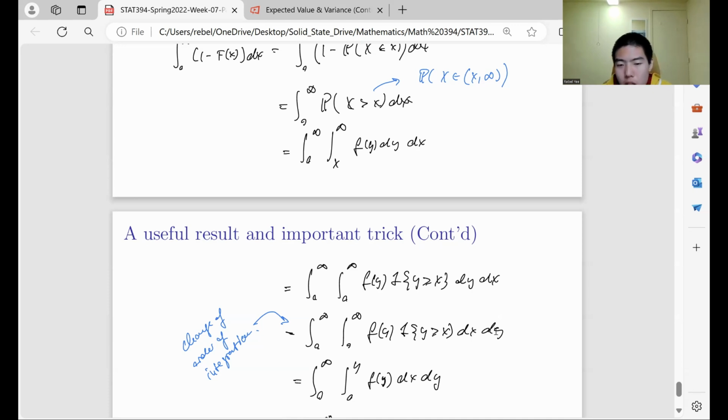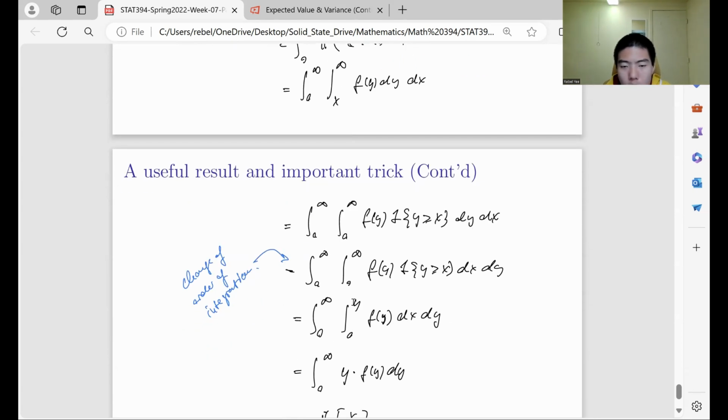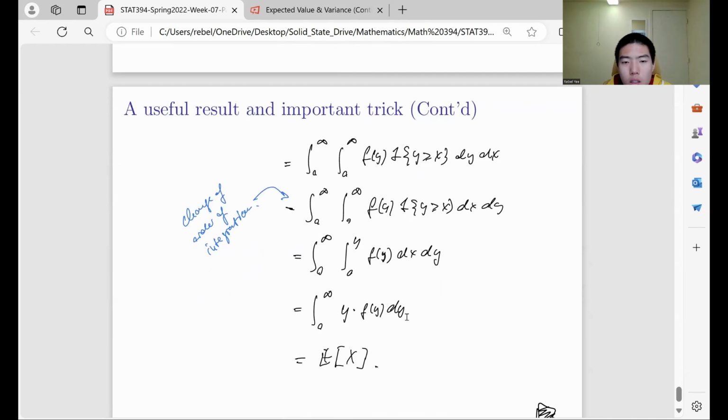So dx becomes inside, dy becomes outside, and we just compute dx out. So it becomes 0 to, I think this is from x to infinity, f_Y dx dy. Oh, maybe it's y to infinity. Yeah, it's y to infinity because the variable is x.